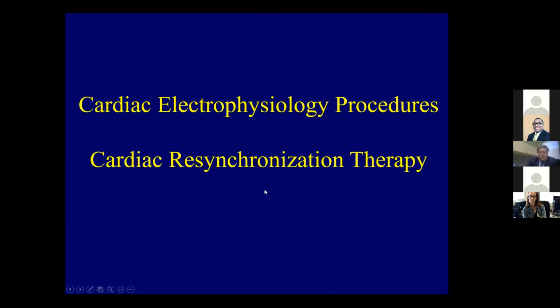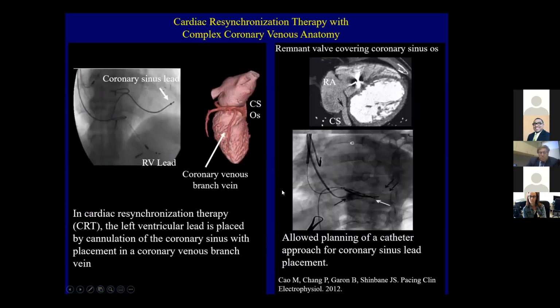And again, just briefly, the last slide relates to cardiac resynchronization therapy. So we have a coronary artery system, but we have a coronary venous system. Again, when you have a biventricular pacer or defibrillator, a lead's placed in the right atrium, in the right ventricle, but another lead is snaked into the right atrium, through the coronary sinus os, and then down a branch vein.